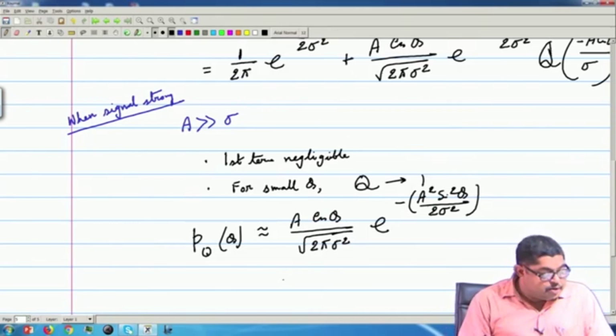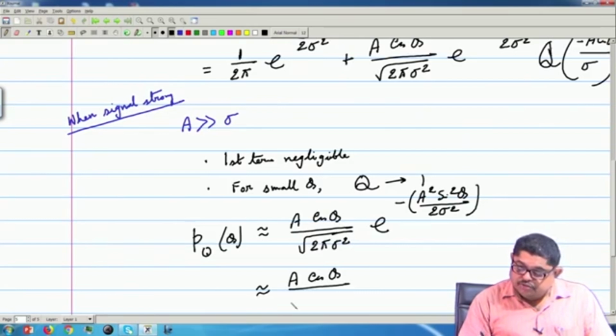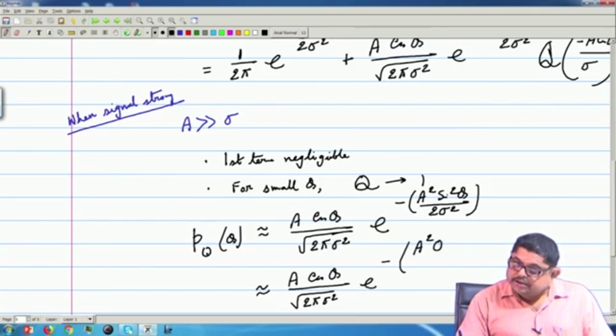We can write this as again approximately A cos theta by root over 2 pi sigma square e to the power minus A square theta square by 2 sigma square.